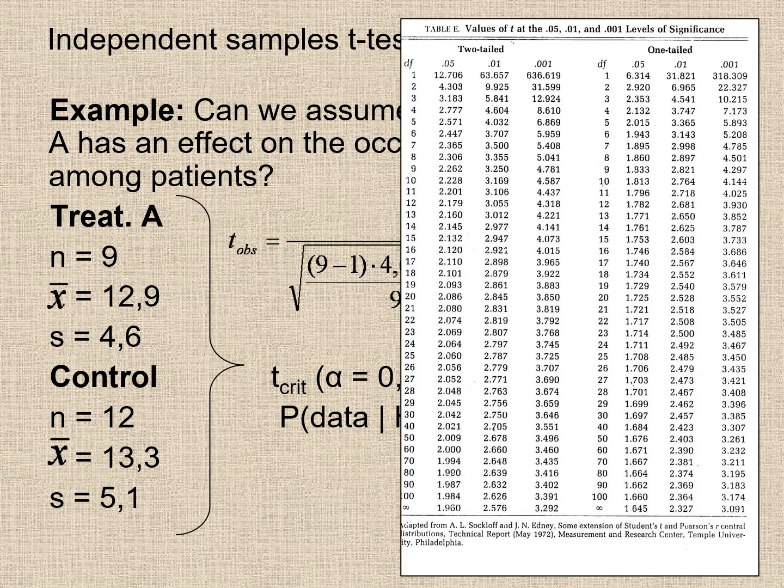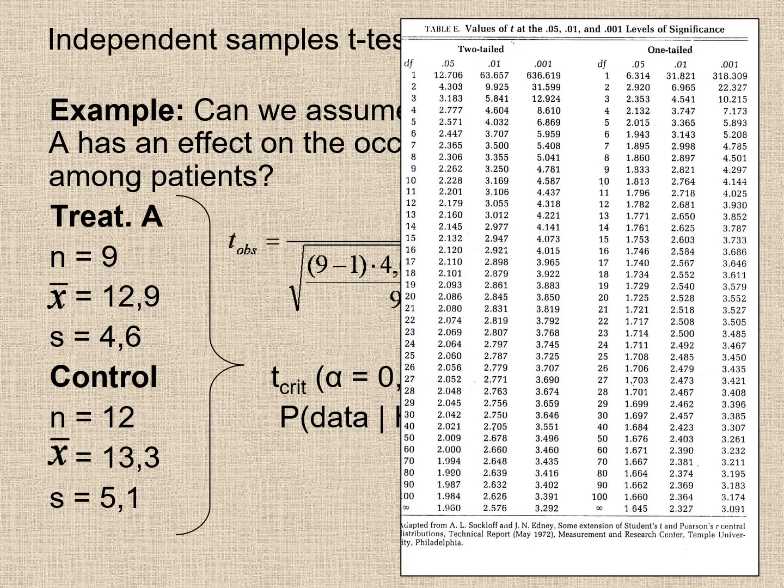Well, in each sample, all values except one are free to vary. So we would have 8 degrees of freedom in the treatment group and 11 degrees of freedom in the control group, and 8 plus 11 is 19. So altogether we have 19 degrees of freedom.